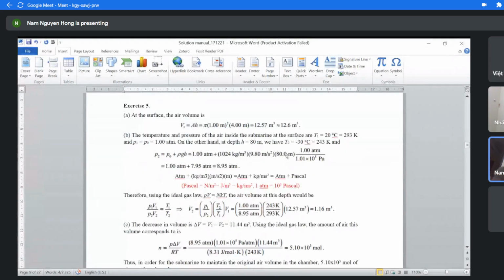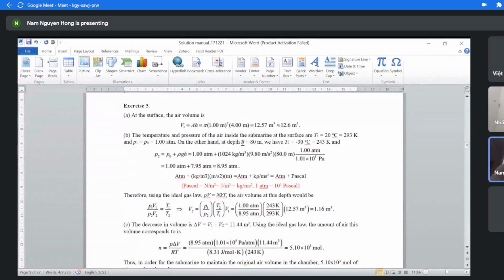Now, firstly, we calculate the air volume at sea level, so before we lower the chamber, exactly the volume of the cylinder chamber, and then you should be able to calculate this one.